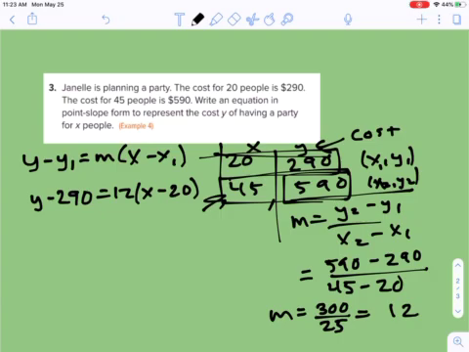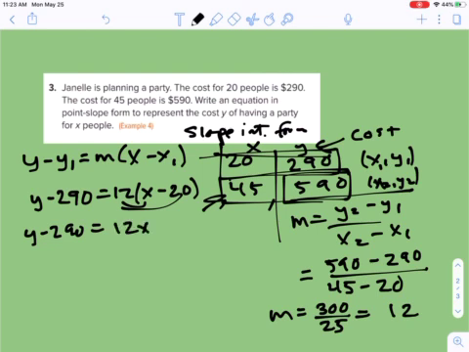Now, if they ask me to also do it in slope intercept form, all I would have to do is take this a step further and do my multiplication, right? 12 times x is going to give me 12x, and 12 times negative 20 is going to give me negative, I think, 248, if I'm doing that right?